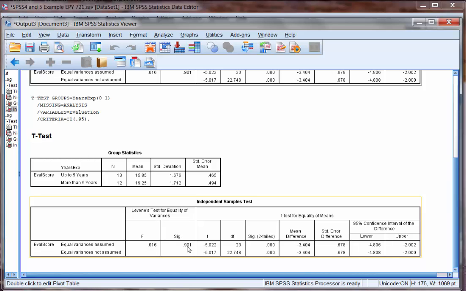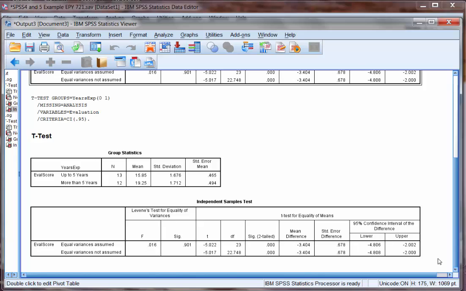That is cause for celebration, because it means that my null hypothesis that the variance is the same, I'm going to keep it. I don't have an F statistic that's high enough or significance that's low enough to reject it, and that is a good thing. I'm a happy camper. My equal variances are assumed.